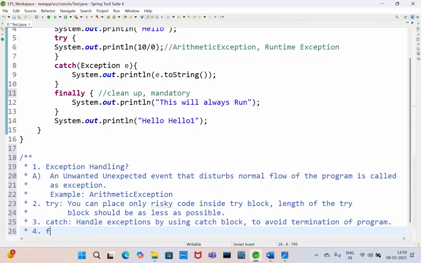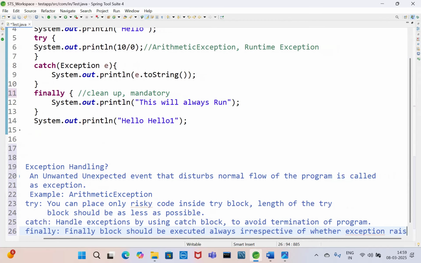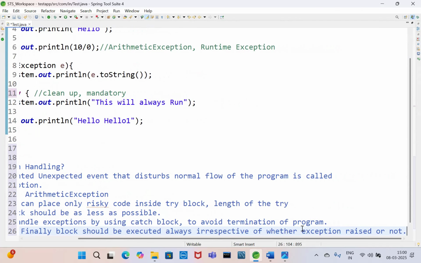Fourth one, finally block. The finally block should be executed always, irrespective of whether exception is raised or not.